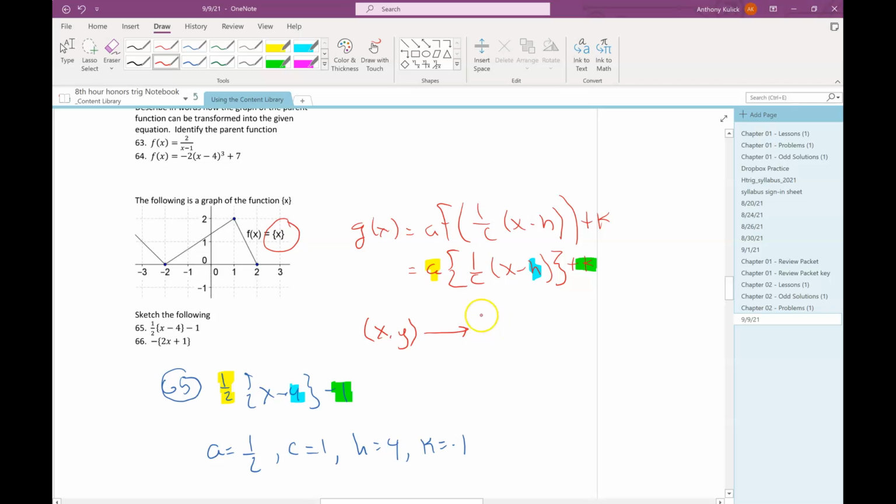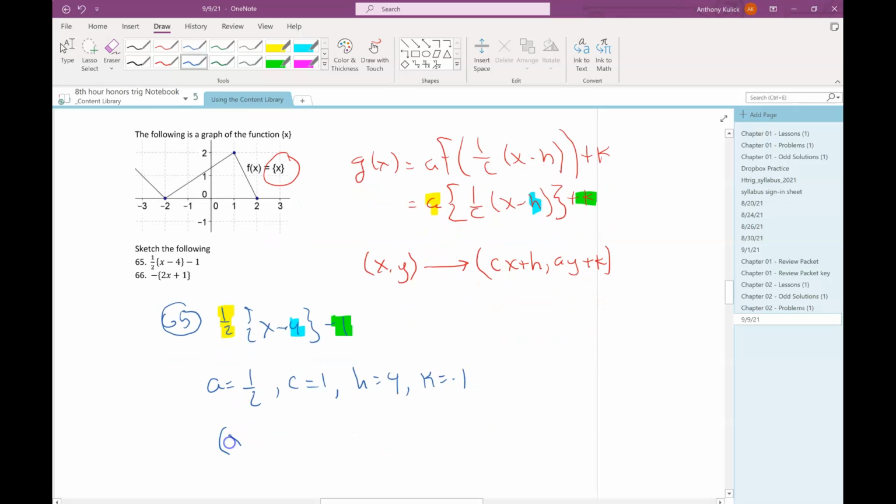Okay. Once I have that, the second thing I'm going to use is the way to transform a point from a parent function to a resultant function, using this map. So in our case, (x, y) is going to go to (x plus 4, 1/2 y minus 1).